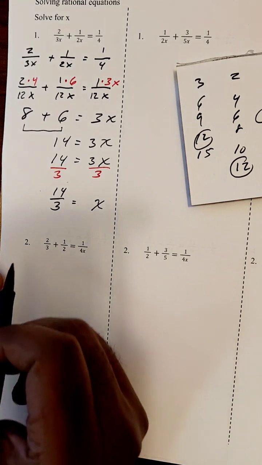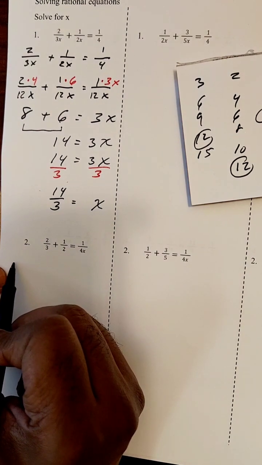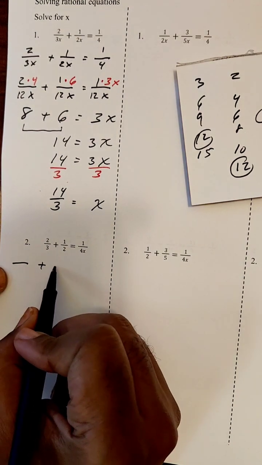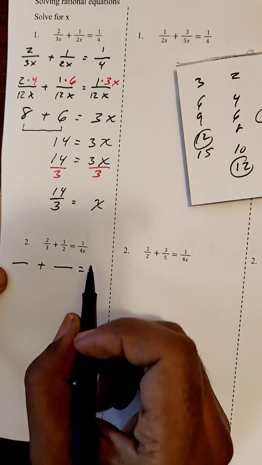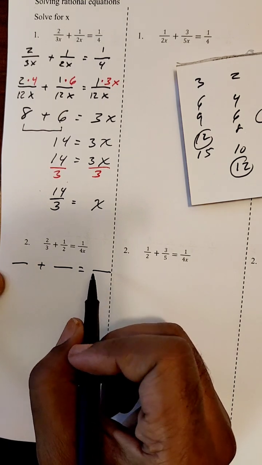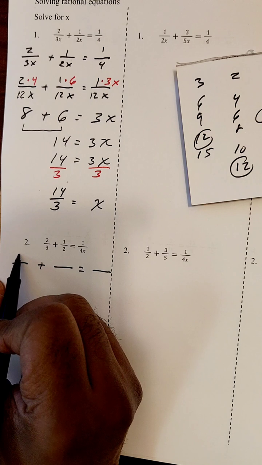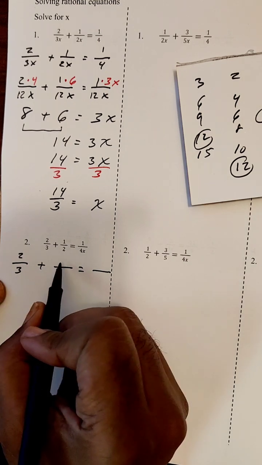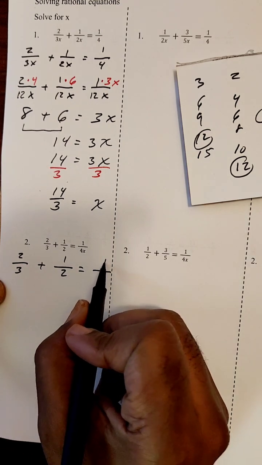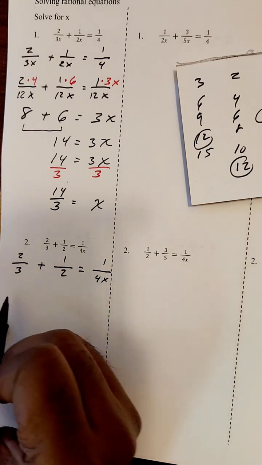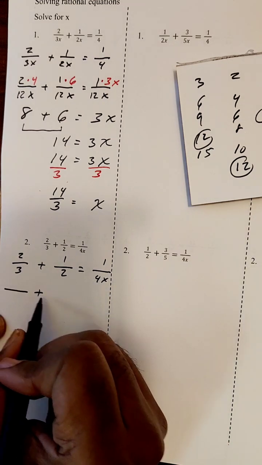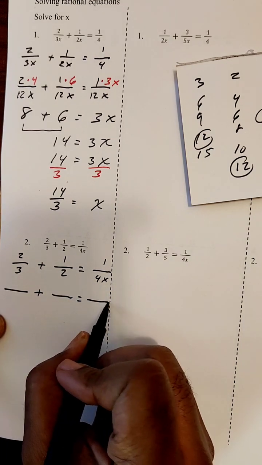Okay. Once again, we have a rational equation here. And we have a 2 over 3, a 1 over 2, and a 1 over 4x. So our first job is to get all the denominators to match.